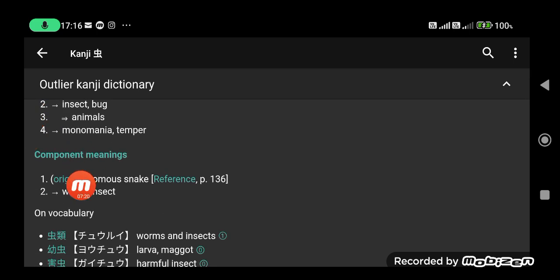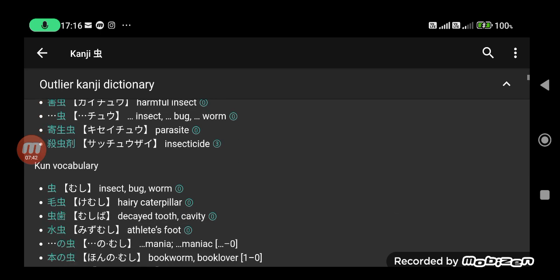When it is acting as a component or radical, it has the original meaning venomous snake, or primary meaning worm, insect.